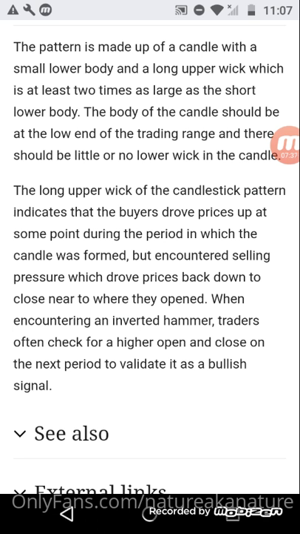So even though it's a reversal signal, the inverted hammer, which you see in a downtrend, is a reversal pattern signaling that a possible reversal to the upside is coming.